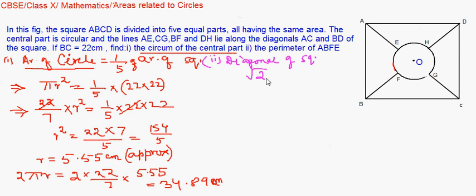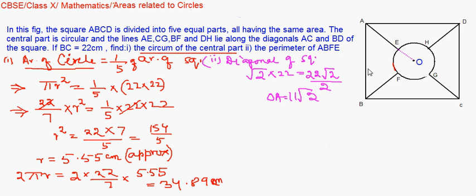So it is root 2 into 22, that is 22 root 2. If I divide it by 2, I will get OA. So I'm getting 11 root 2. This is giving me OA.